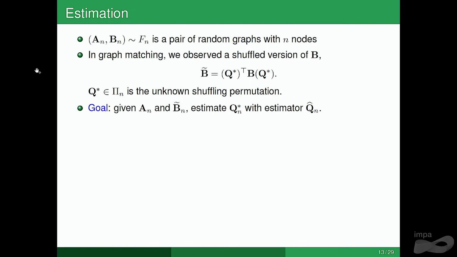But in graph matching, we don't really care about this distribution. This is like a nuisance parameter for inference. What we want to do is estimate this permutation matrix regardless of the parameters that generated these graphs. So our goal is that given A and the shuffled version B tilde, we want to be able to infer Q star using some estimator Q hat. So that's the problem.